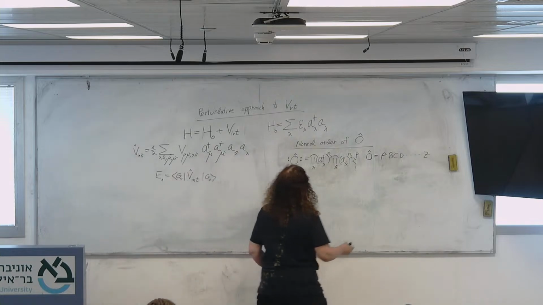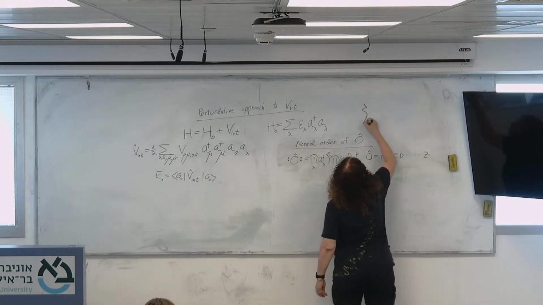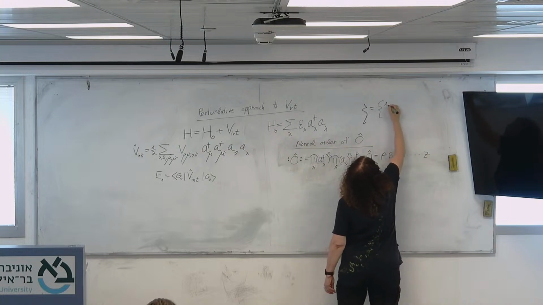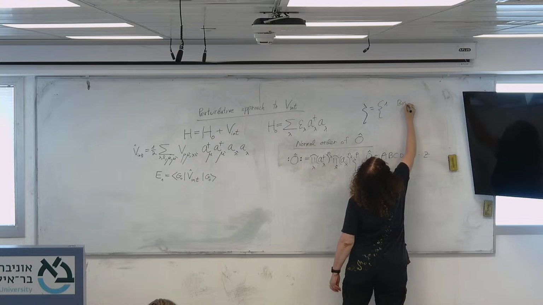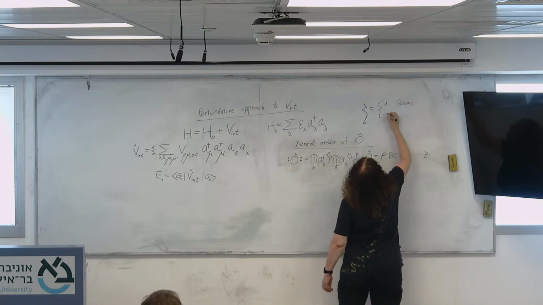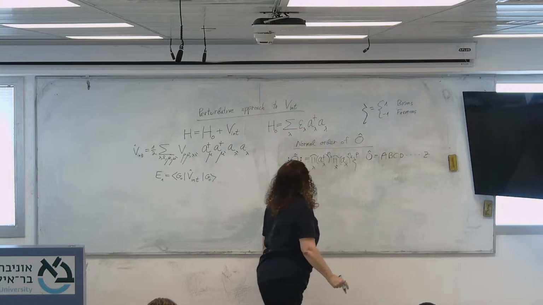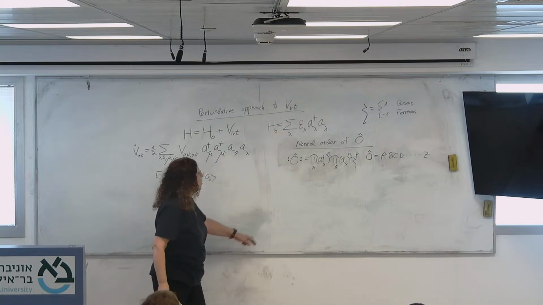Okay, zeta, I remind you, I'm going to use it all the time, is 1 for bosons and -1 for fermions. Okay, so this is what it is.